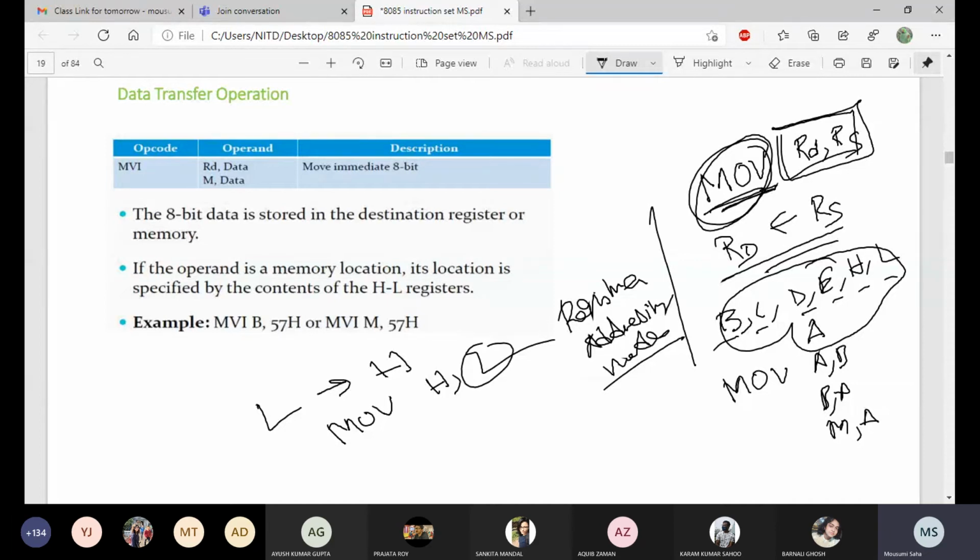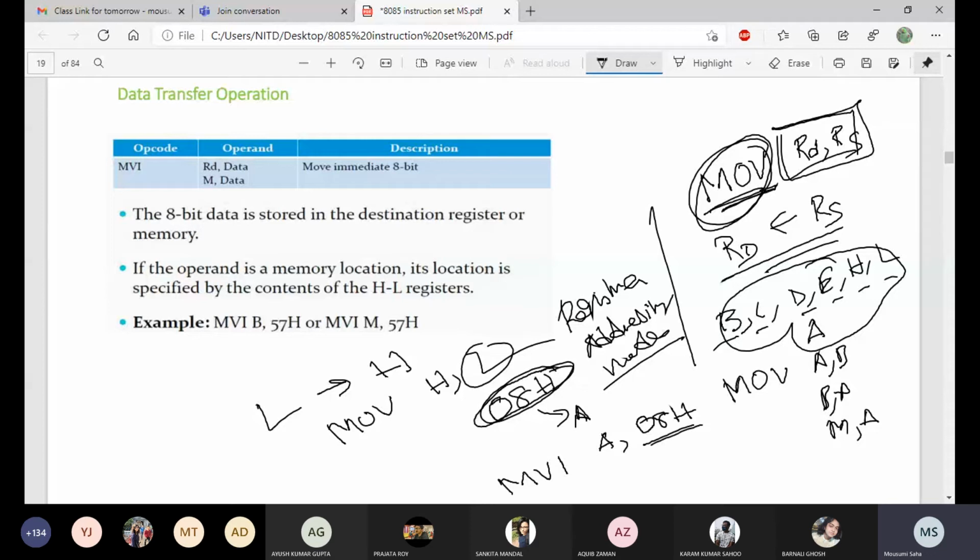Now suppose you want to store 08H directly into the accumulator. I want to store this value 08 into the accumulator. At that moment we use another instruction called MVI, move immediate, to the accumulator the value 08H.